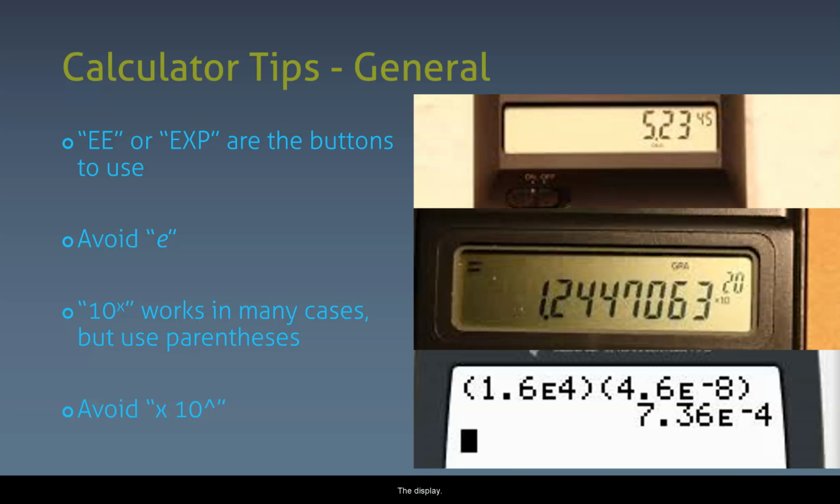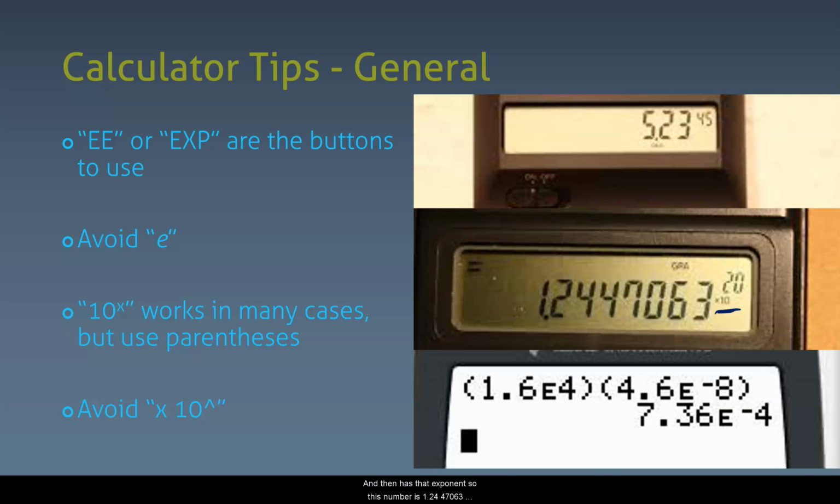The display of a scientific notation number is going to vary depending on the type of calculator you have. And so the 3 figures that I have here show you some examples. The one in the middle, I think, is my favorite because it does say times 10 right there, and then has that exponent.